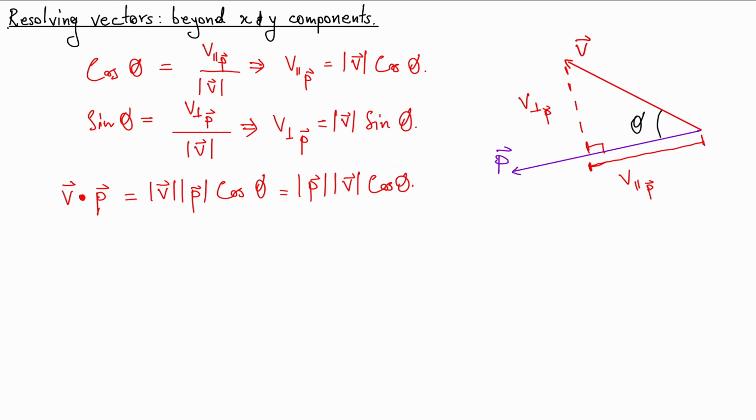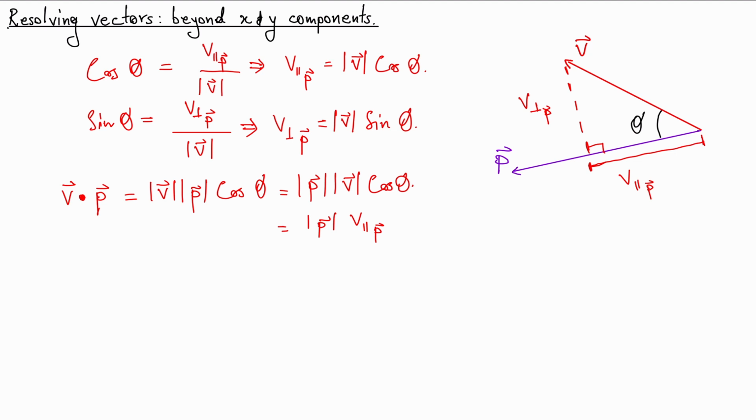So we can substitute this thing here and plug in this value. Instead of V bar cosine of theta, we can put in V parallel P bar. So therefore, we can rewrite this as P bar times V parallel P bar.